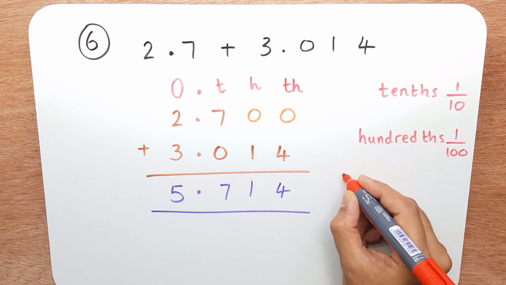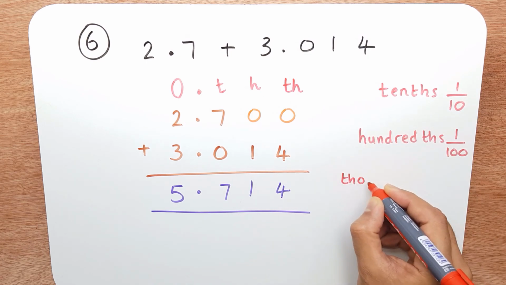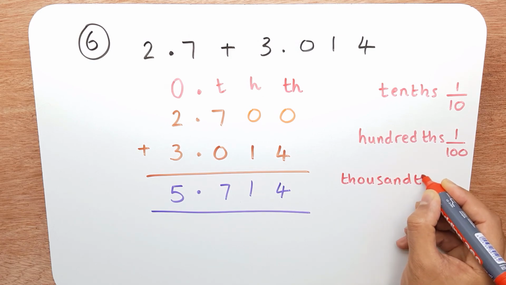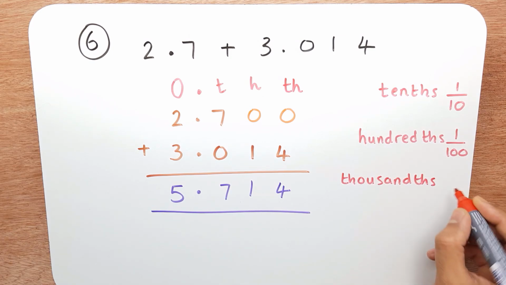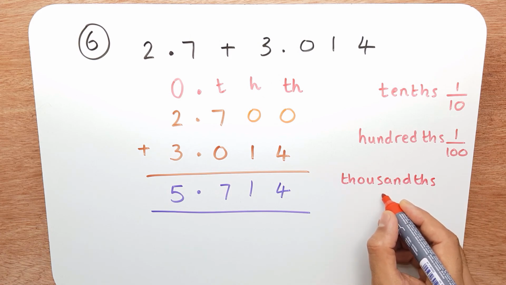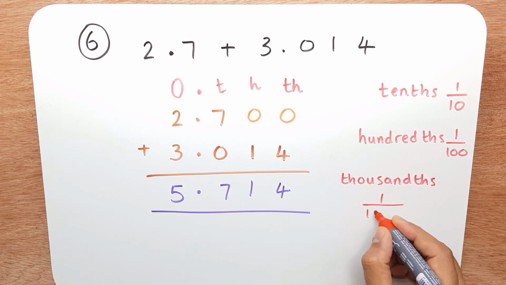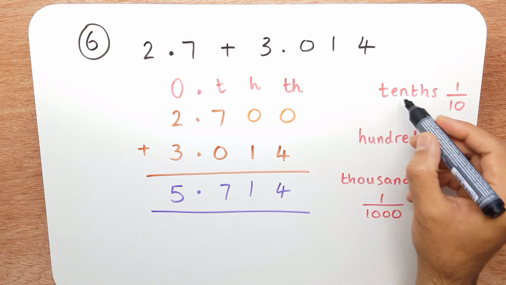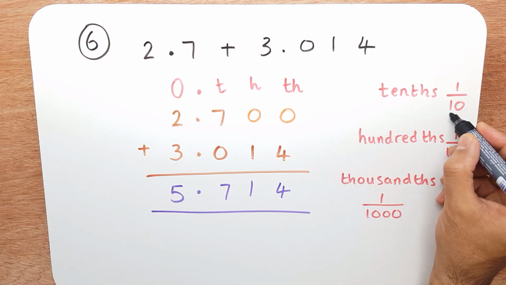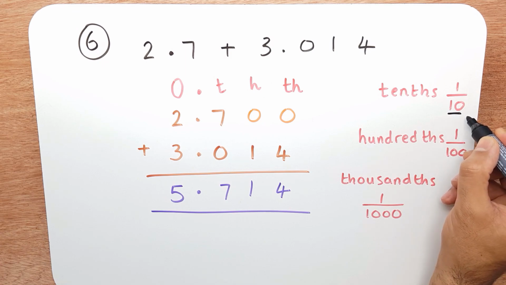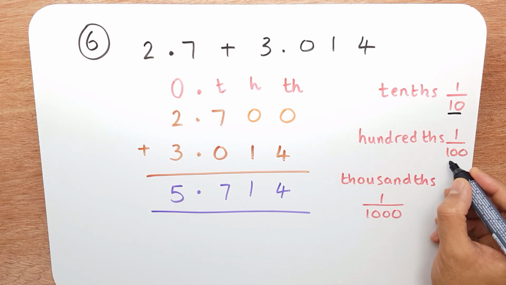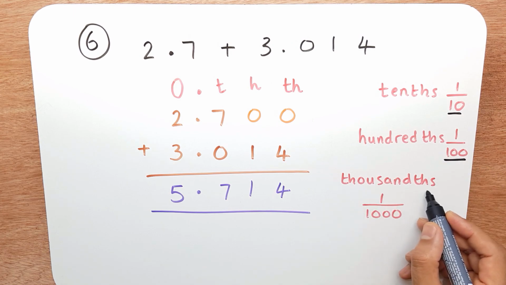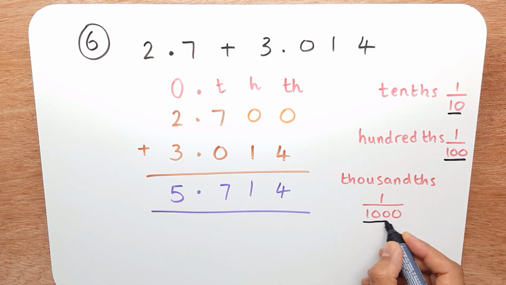So let's write that here, thousandths. And you will write that as 1/1000. And just a quick point, tenths, you have 10 at the bottom. Hundredths, you have 100 at the bottom. And thousandths, you have 1000 at the bottom.